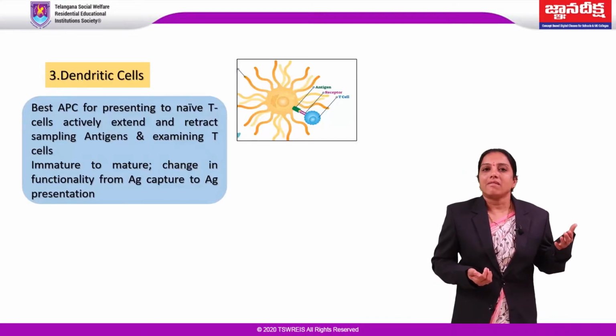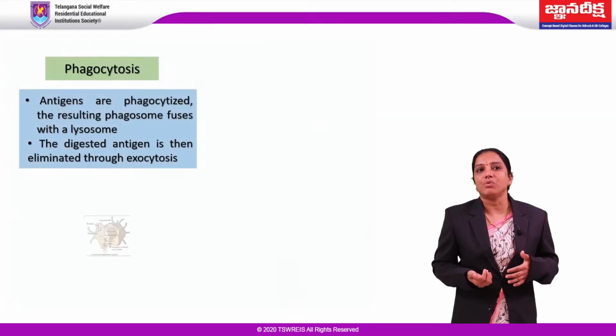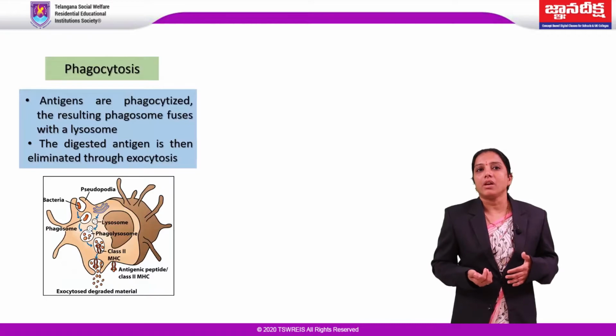And we have seen neutrophils and macrophages, which are involved in phagocytic action. So what is phagocytosis? Phagocytosis is the process done by neutrophils and macrophages, where the phagocytic cell plasma membrane engulfs a large particle or foreign cell or an antigen, giving rise to an internal compartment called a phagosome.